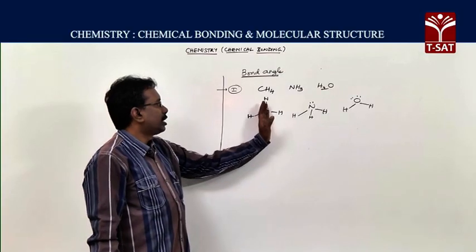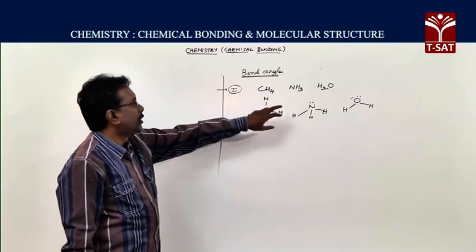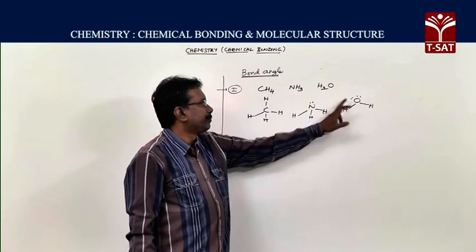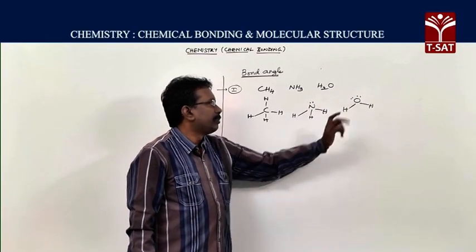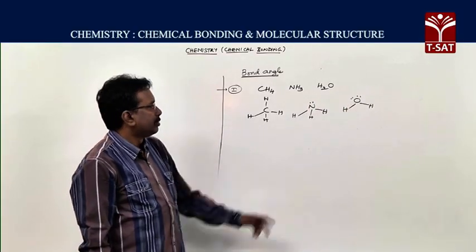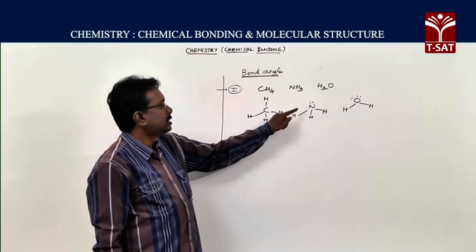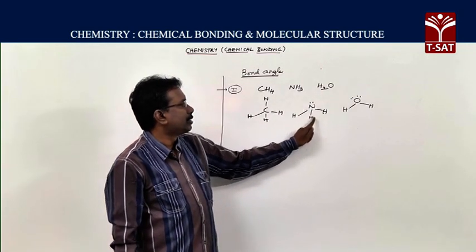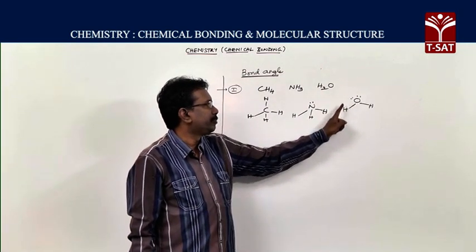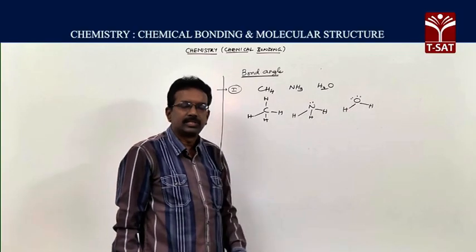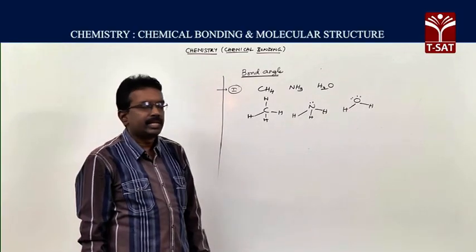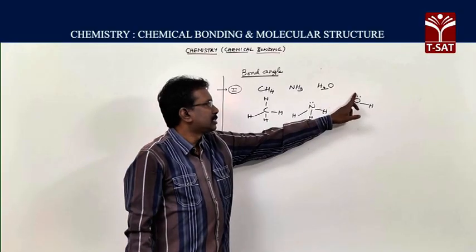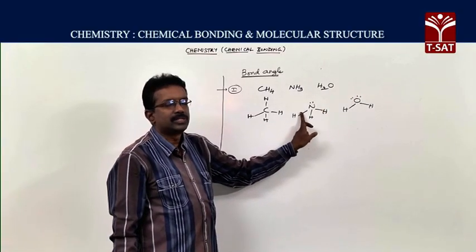That means if you have one lone pair and two lone pairs, definitely there is an influence of lone pairs on bond angles. Here we have bond pair repulsions, here we have lone pair and bond pair repulsions, here we have lone pair lone pair and bond pair repulsions. According to VSEPR theory, lone pair repulsions are more than lone pair bond pair repulsions.